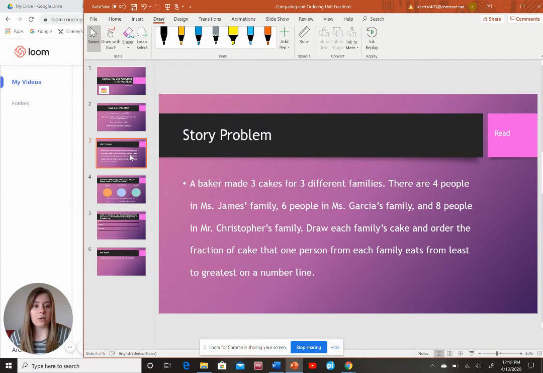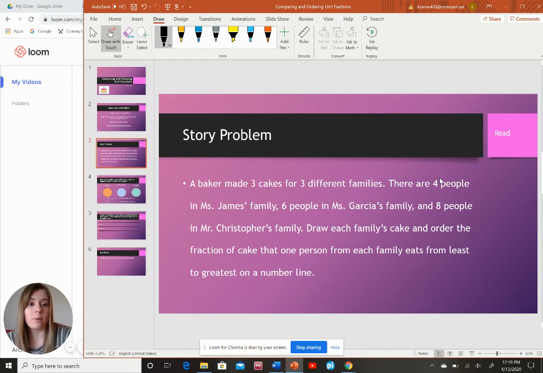So first, we are going to circle those important numbers. So I'm going to grab a marker. Now the baker making 3 cakes for 3 different families, that's just some background information, so I'm not going to circle those 2 numbers. But what is important is that it tells us how many people are in each family, which tells us how we are going to divide our cake up.